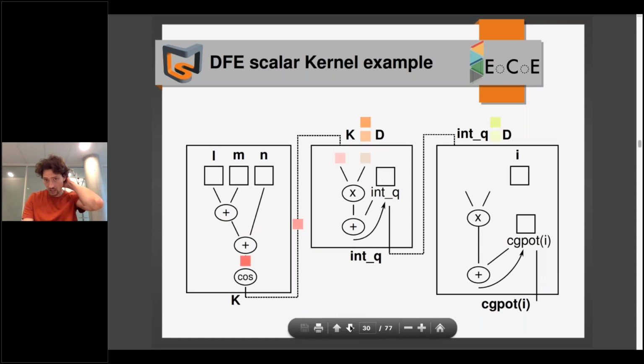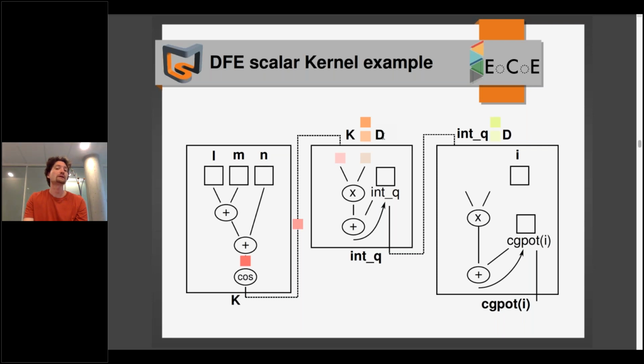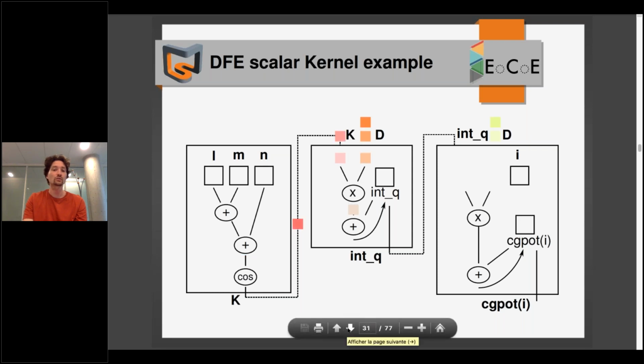So the K appears in the second kernel. I have some data, the items that come from memory, which arrive at the chip and enter this kernel. On the next tick, the product will be done here with the first mode.